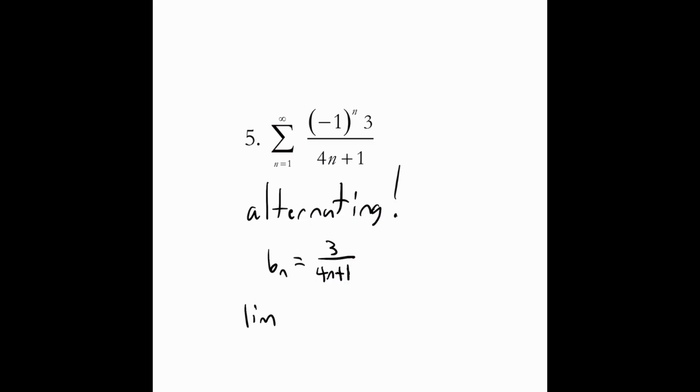And the limit of the bn's is the limit, as n goes to infinity, of 3 over 4n plus 1. The numerator is staying constant, the denominator is getting infinitely large, dividing by something becoming larger and larger and larger. This heads to 0.